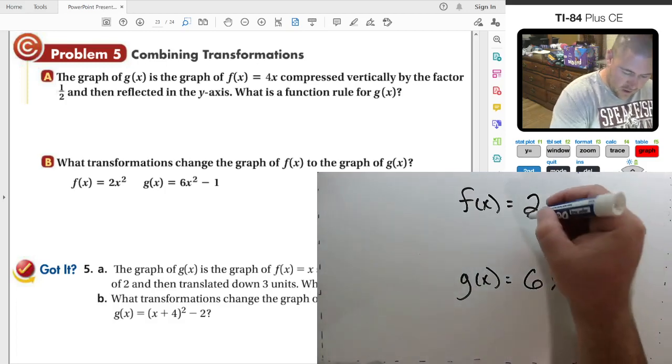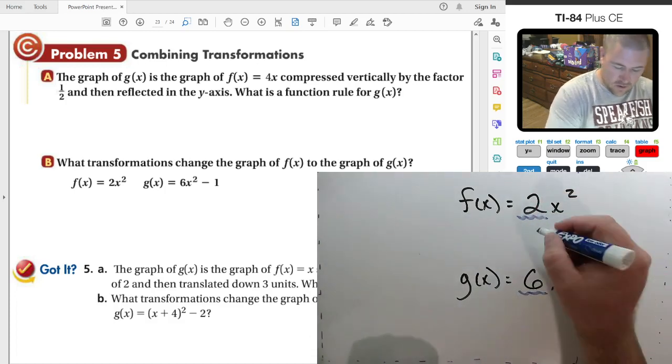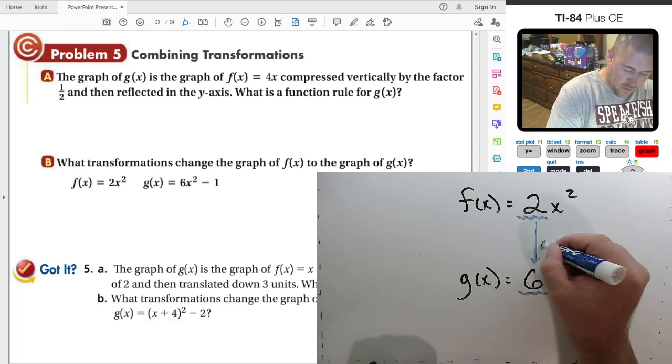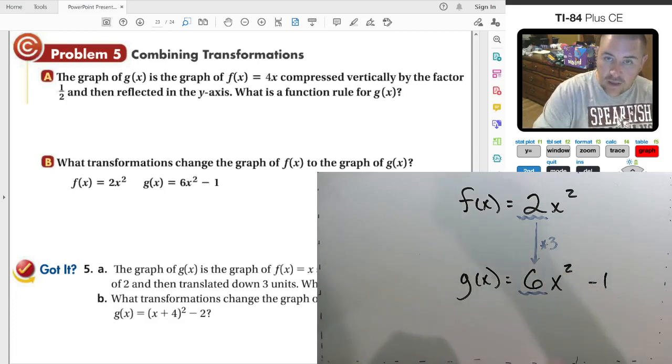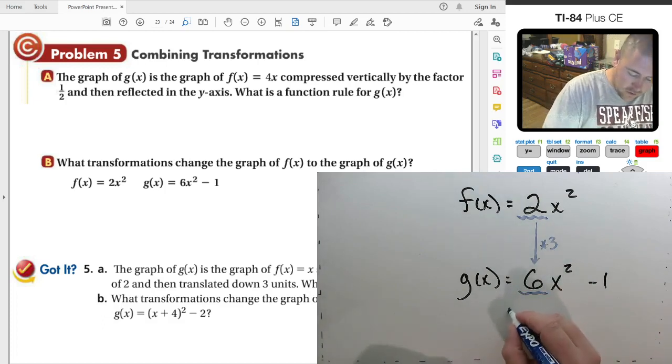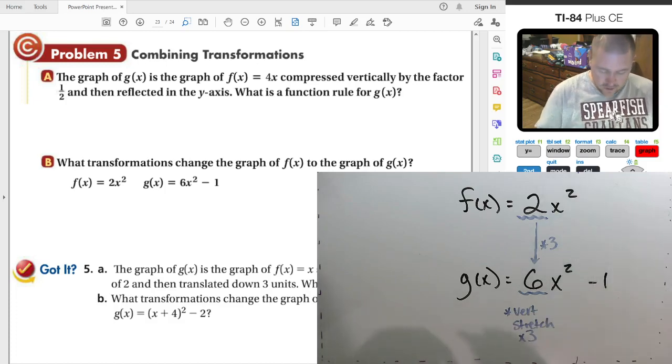Well, my A spot went from a 2 to a 6. From here to here, I multiplied by 3. 3 is greater than 1. I have a number greater than 1 in the A spot. So I would call that a vertical stretch by a factor of 3, because that's what I multiplied by.